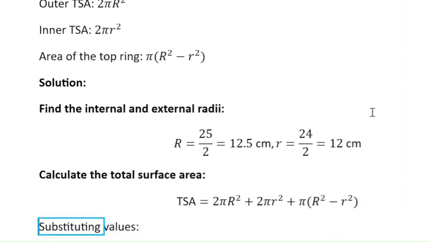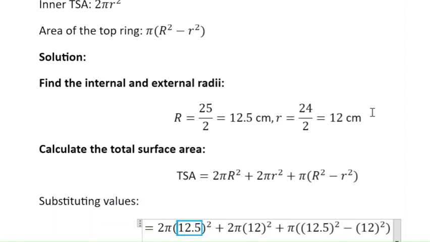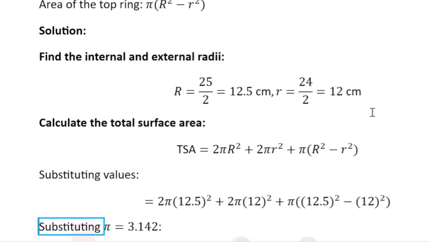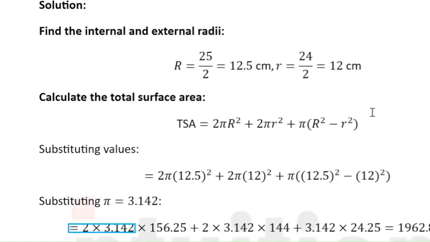Substituting values: equals 2 pi (12.5) squared plus 2 pi (12) squared plus pi ((12.5) squared minus (12) squared). Substituting pi equals 3.142: equals 2 times 3.142 times 156.25 plus 2 times 3.142 times 144 plus 3.142 times 24.25 equals 1962.89 cm squared.